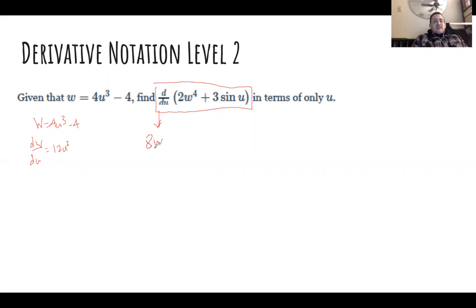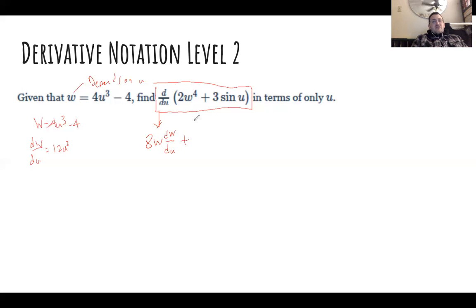We have an equation for w, and this is why it's called implicit. So we have the 8w, and then any time we are taking the derivative with respect to u, guess what? w depends on u. And this is why we have to write dw du.